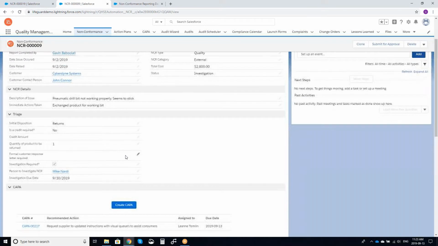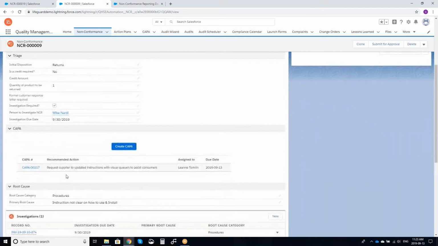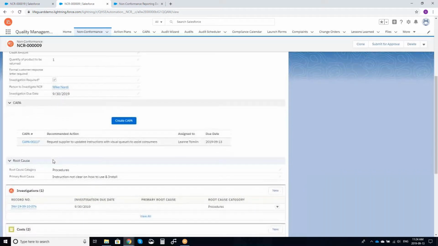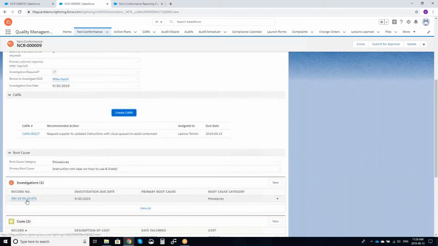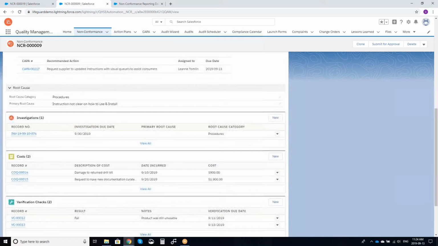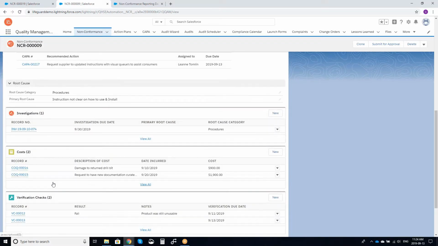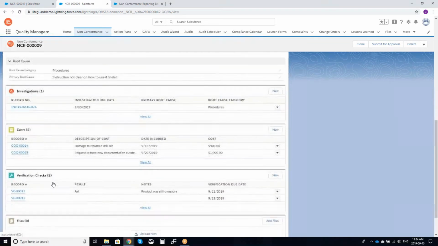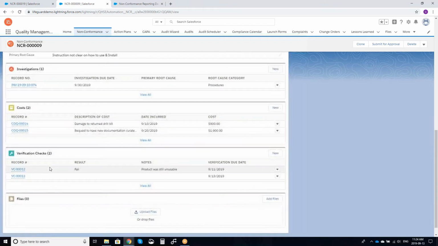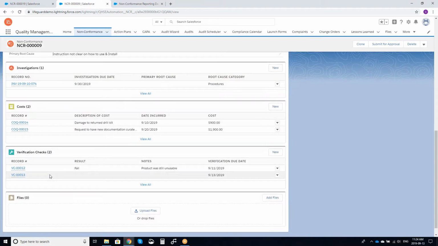Again, we can see very similar types of information. We can start to see any of the individual corrective actions that have been identified from the investigation itself, and anything that needs to be taken care of. Full investigations, full cost analysis, so being able to identify the associated cost of this non-conformance itself, and all of your associated verification checks.